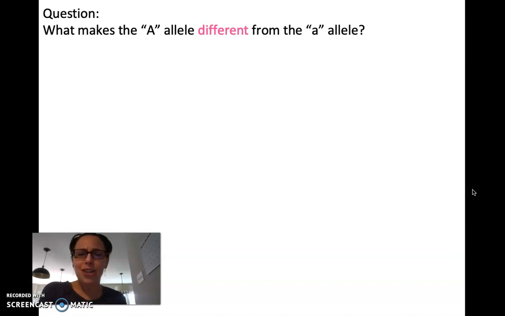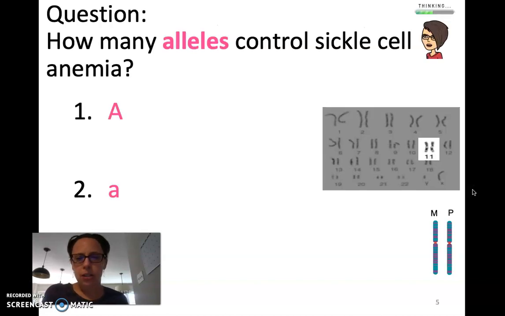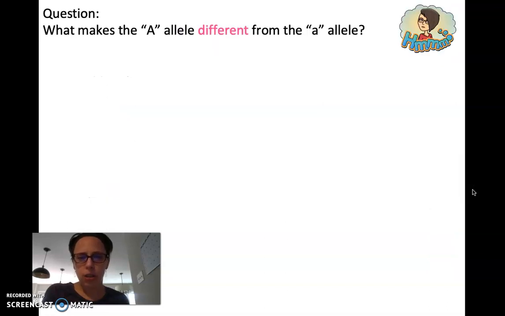Okay, so what actually makes a big A different from little a? Sorry, back up the truck. Do you know what makes the allele different from the other one? Really, what makes the little a gene different from the big A gene?